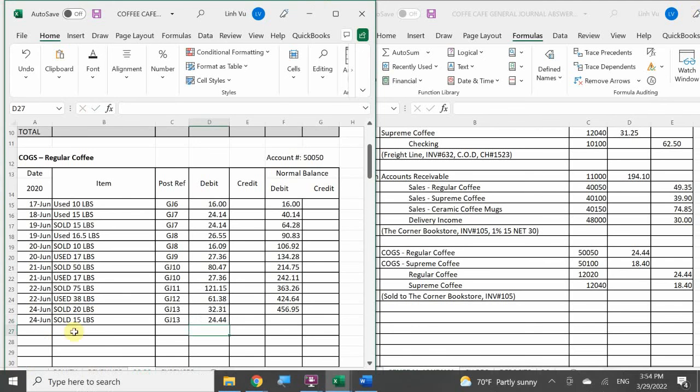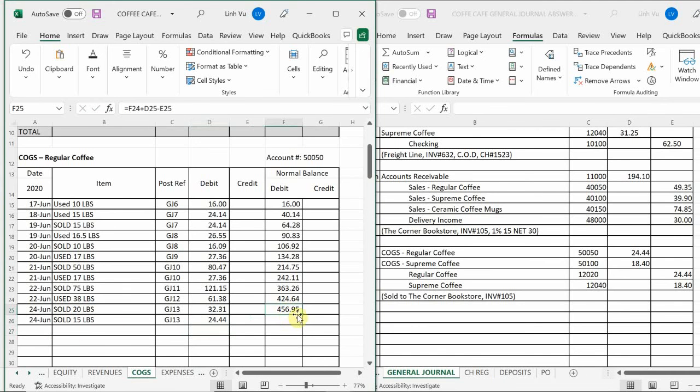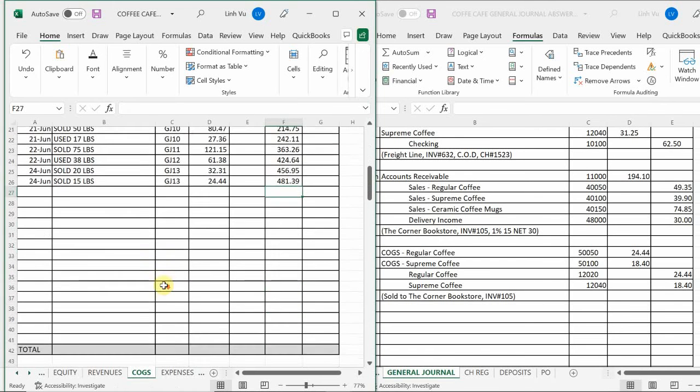So what's my ending balance in my cost of goods sold for the regular coffee? 481.39. Excellent. Okay.